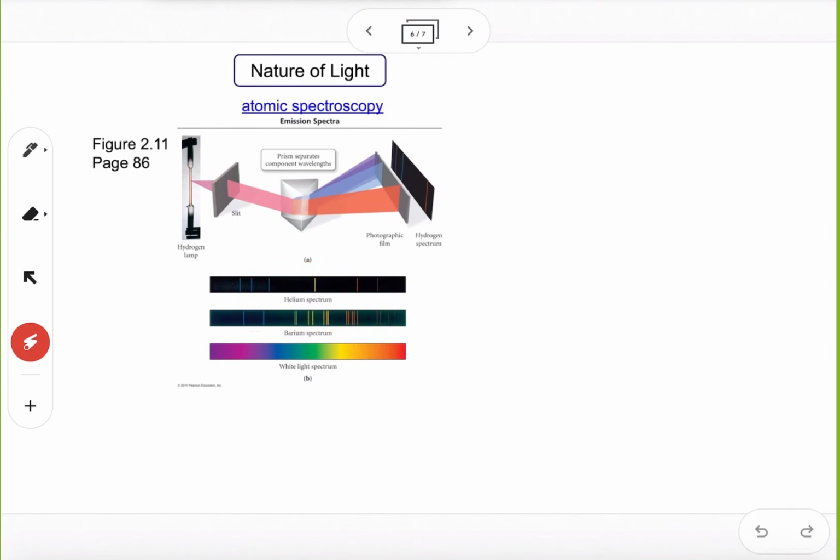For each light source, these lines are like fingerprints. If an unknown light source gives you the same pattern, the same lines as hydrogen, you will realize this unknown light source is a hydrogen lamp. If it gives you the same lines as helium, then this lamp is actually a helium lamp.